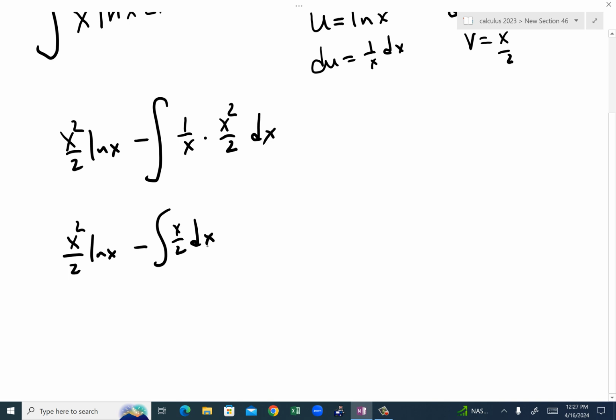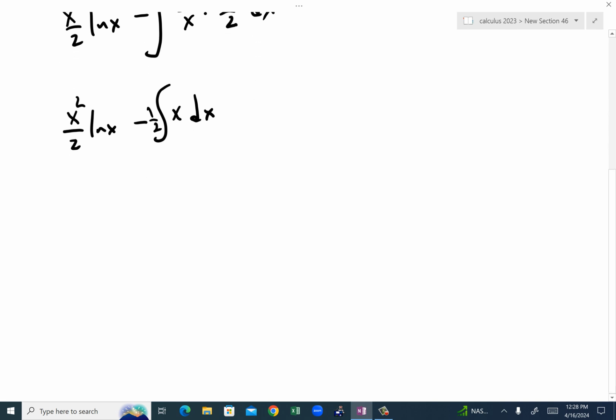Do the x's cancel? Yes. And if you prefer, pull the half out front. Maybe I do, maybe I don't. And then what's the antiderivative of x, my friends? What's the antiderivative of x?